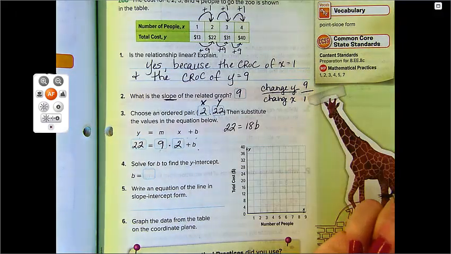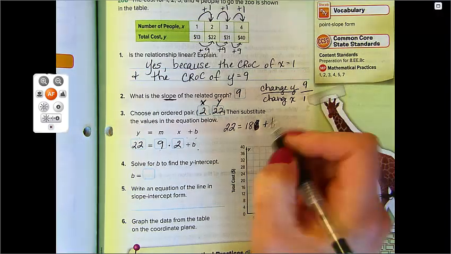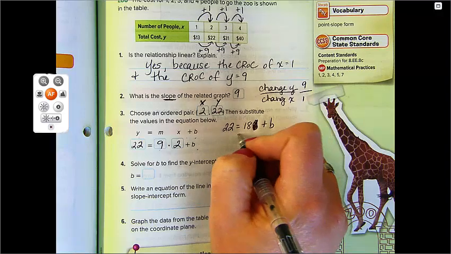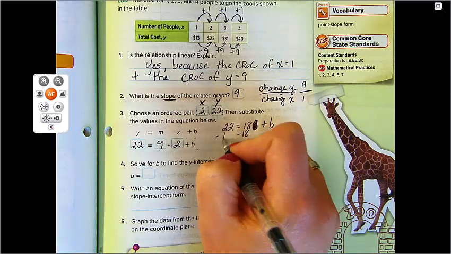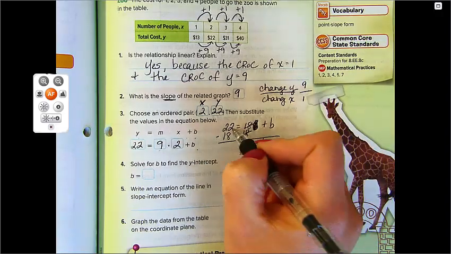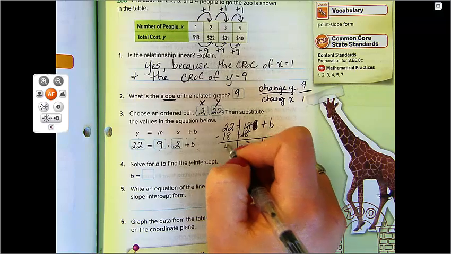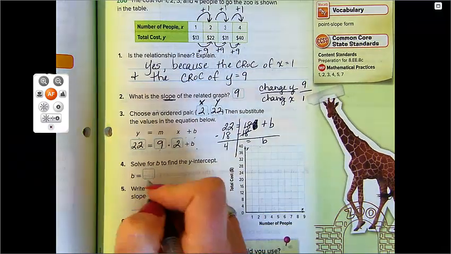So now I have the equation that looks like this. It's plus b, not times b. Now I'm going to subtract 18 from both sides to get b by itself. 22 minus 18 is 4. So now I know that my b is 4.